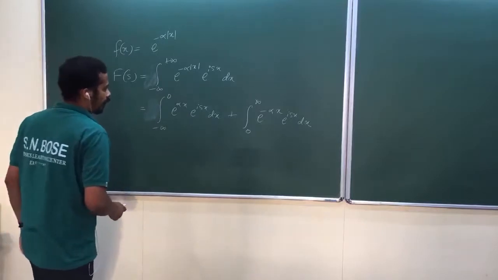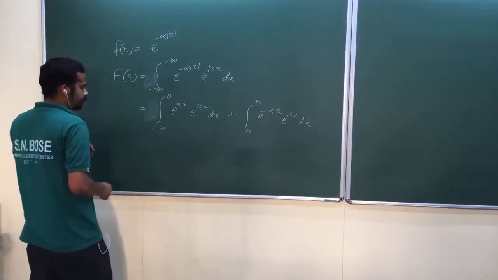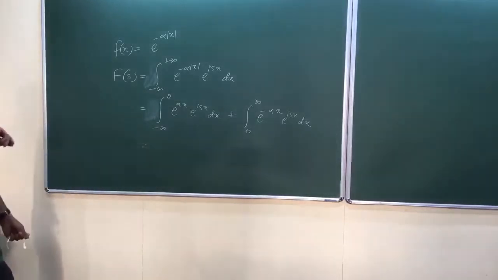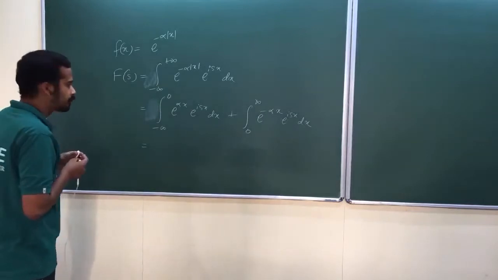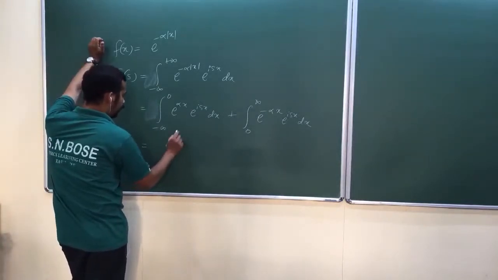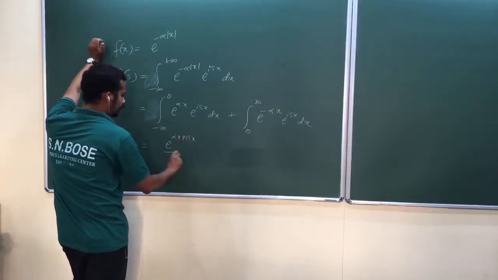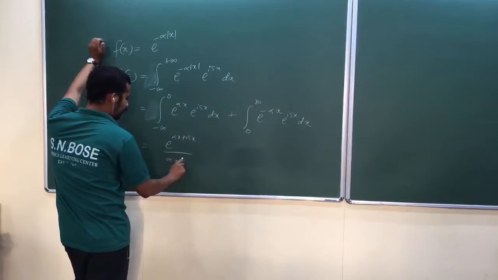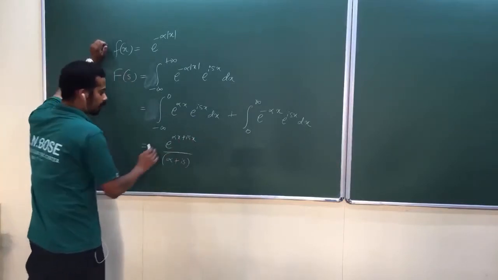Now, how do you do this one? Directly, e power alpha x plus isx divided by alpha plus is. Am I right?